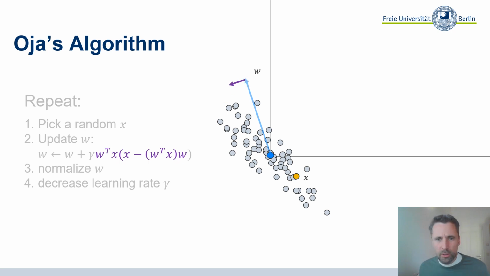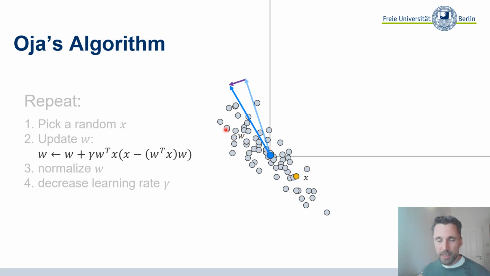It flips it into this direction, and the new vector W will then be updated in the next iteration. Going over the data over and over again will hopefully result in the vector representing the first principal component.